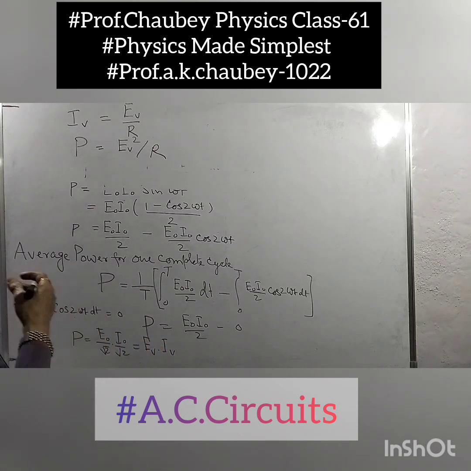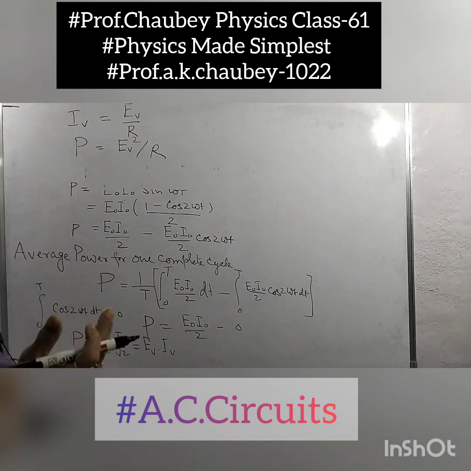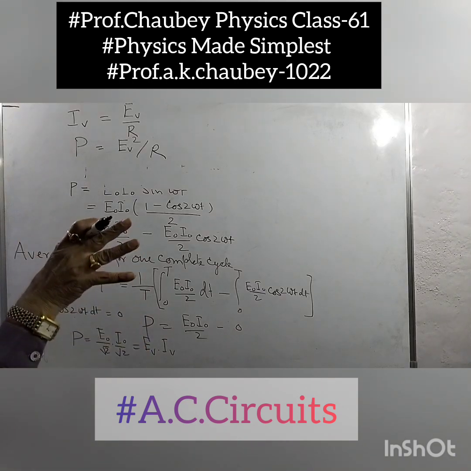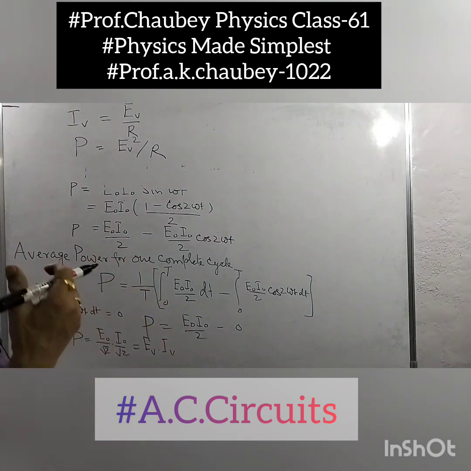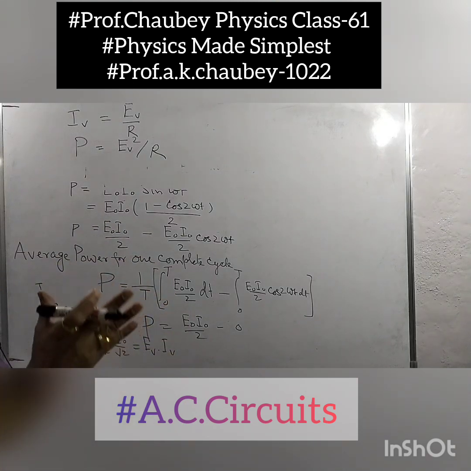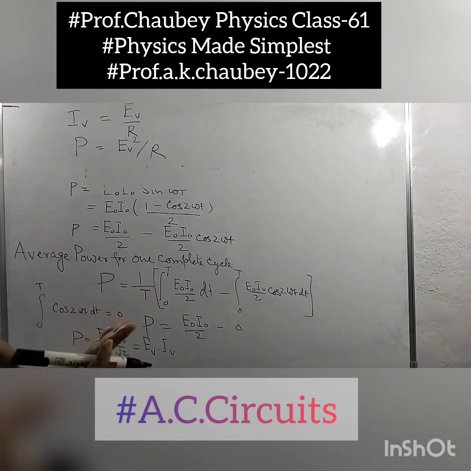The heating effect is the same whether current is going in the positive direction or the negative direction. If you measure current or voltage by an ordinary ammeter or voltmeter, it will give 0 reading because the average is 0.